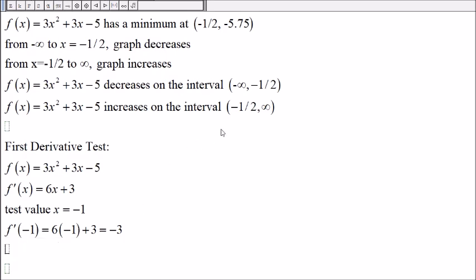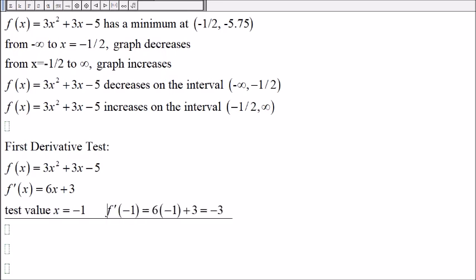And then if we pick any number from this interval, like let's say we pick 1, then the derivative will be positive.